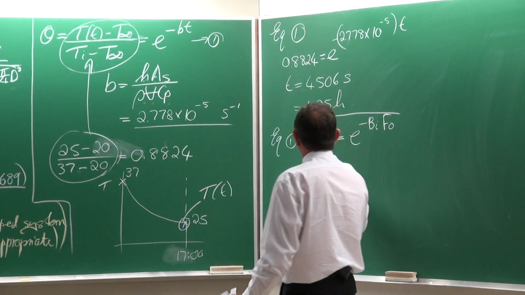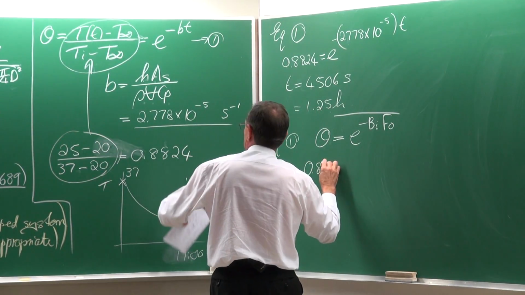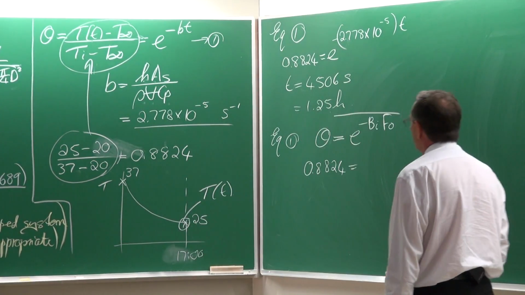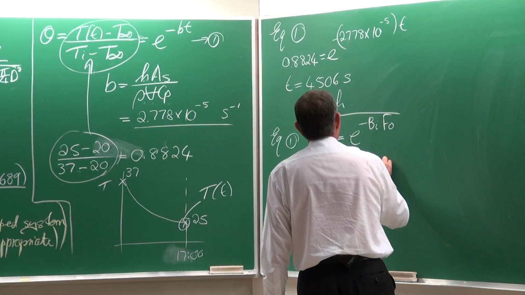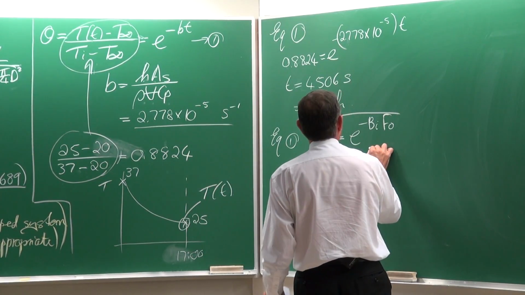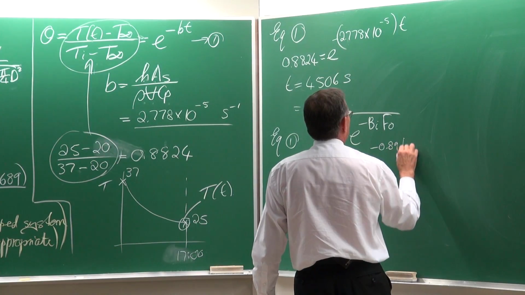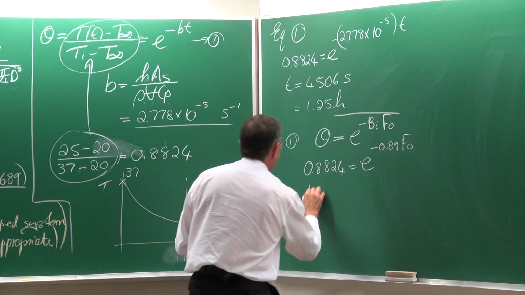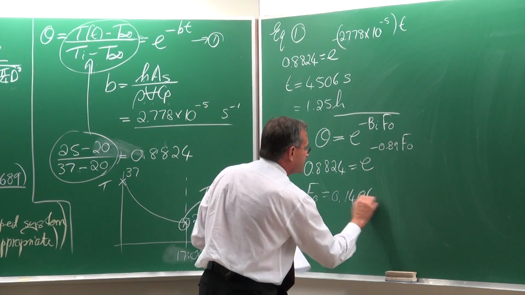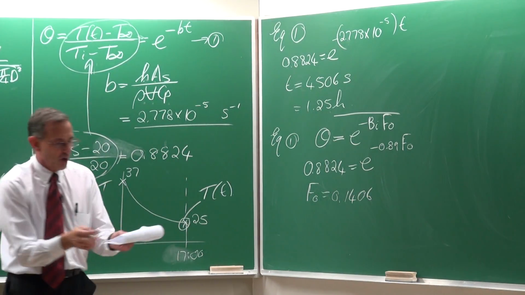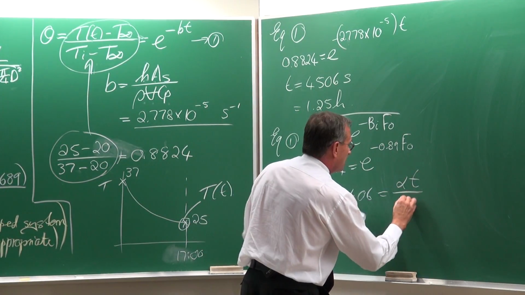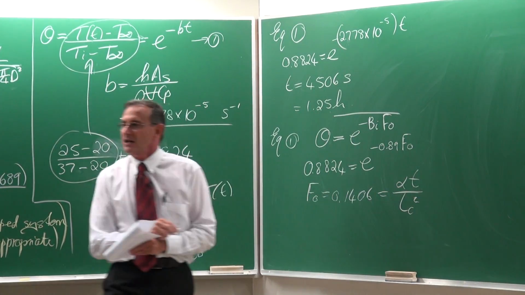Most probably you're correct and I did make a mistake when I calculated it. So 0.8824 is equal to e to the minus Biot number, with the Biot number 0.89, multiplied by the Fourier number, and you can solve the Fourier number as 0.1407. But the Fourier number is also equal to alpha t divided by the characteristic length squared.